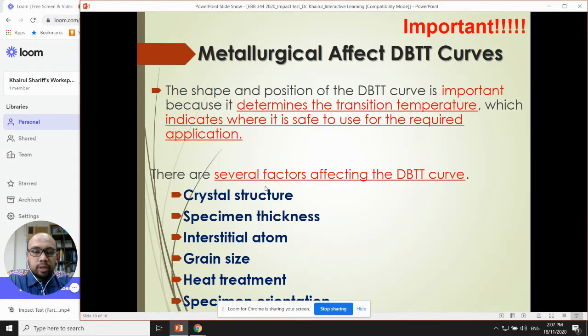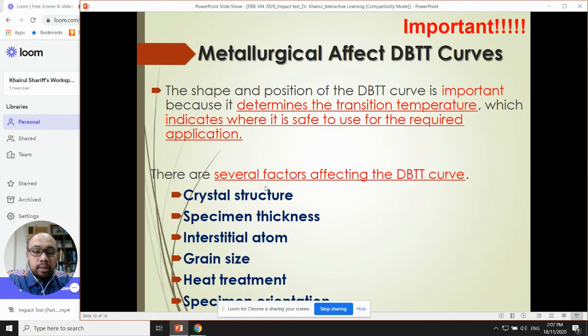For example, for crystal structure, when we talk about the DBTT curve for a metal made from monoclinic versus triclinic crystal structure, for different metal materials, the DBTT curve shape might be different. The same goes with the specimen thickness. In the next slide I will explain the influence of the specimen thickness.